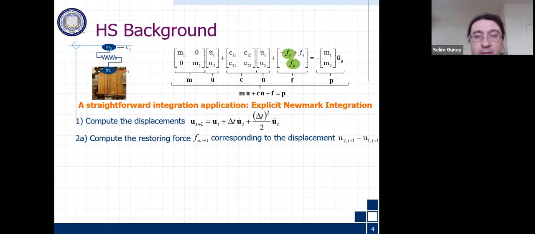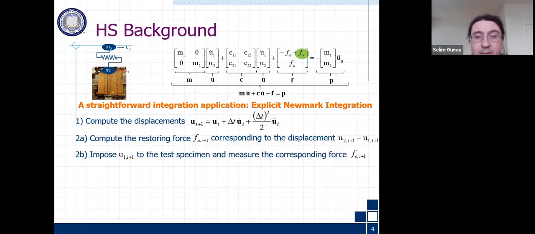For the one that is analytical, for this force F sub A, we compute it in the regular way that we do in nonlinear dynamic simulation. We obtain the corresponding force from the defined force displacement relation of this spring, using constitutive relations. So until now, nothing is different from nonlinear dynamic simulation.